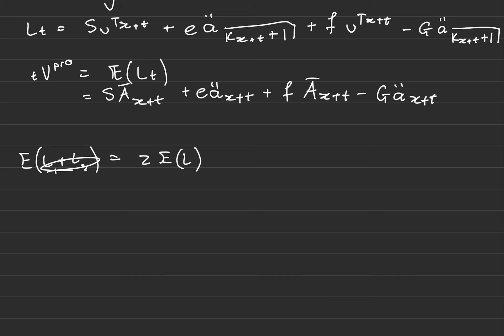So I can just separate these two random variables, and I have the expectation of L1 plus the expectation of L2, which is just 2 times the expectation of L. And if my expectation of L is my reserves, then 2 times the reserves is just the same as the reserves that need to be held for both of them. Okay, so the reserves that need to be held for both of them is the same as the reserves that need to be held for one of them times 2.